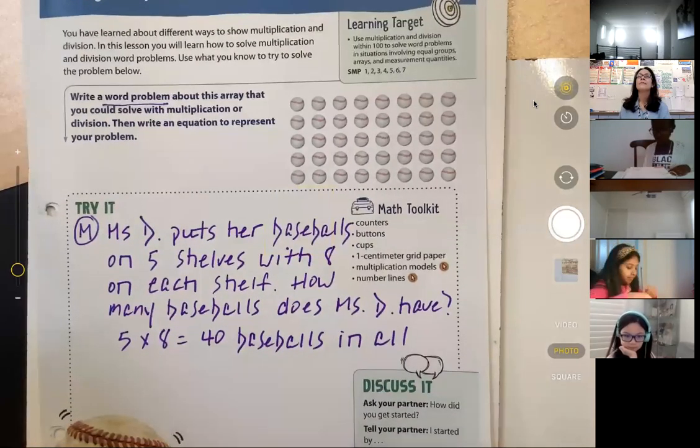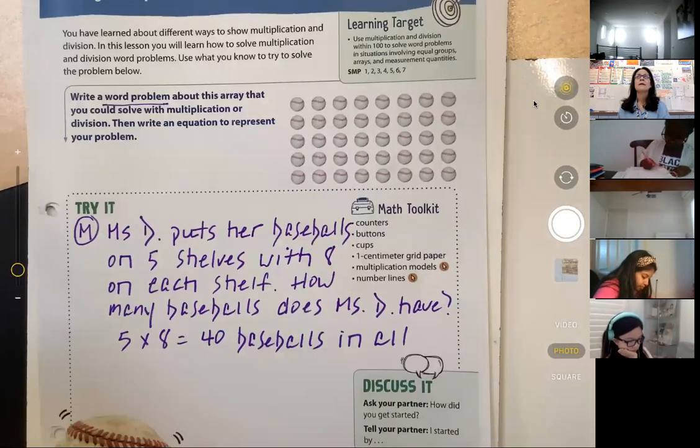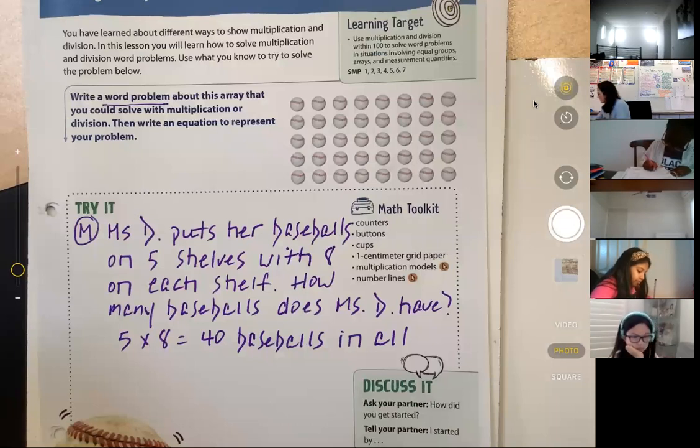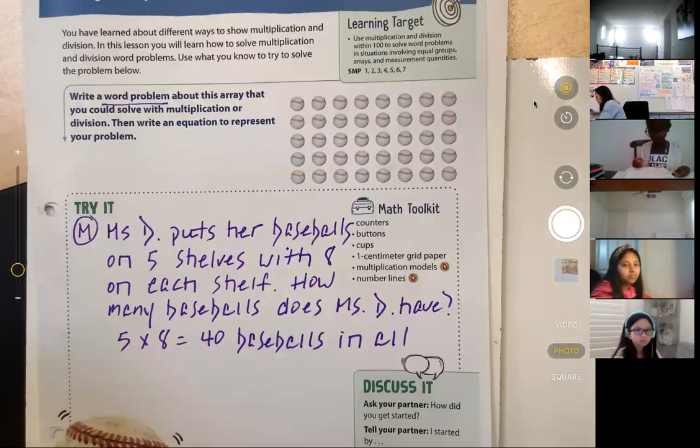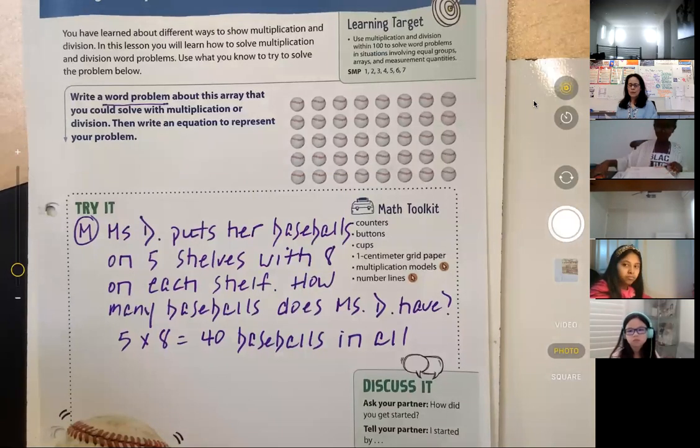All right, that's multiplication. But I haven't done division yet. Now I need to do division. So what I'm going to do is I'm going to get another piece of paper because it looks like I'm going to need more room.